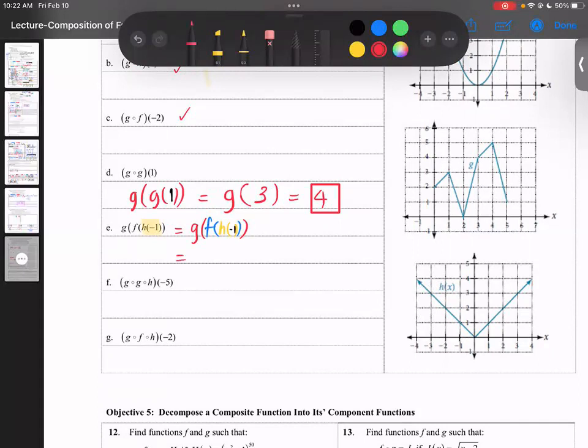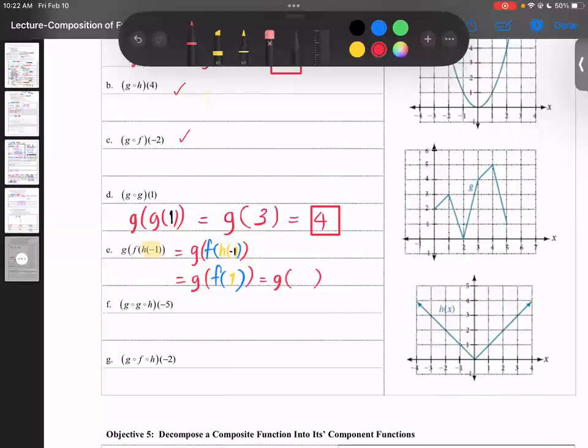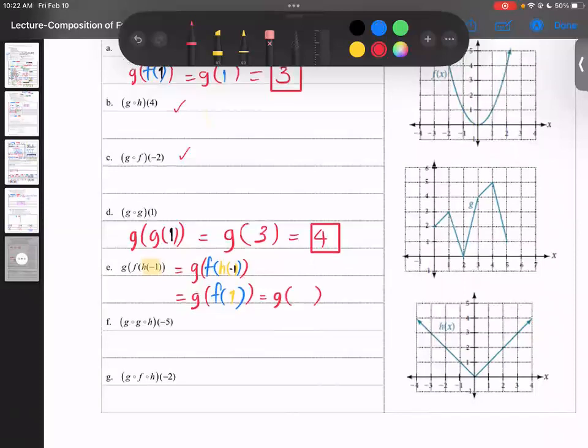So H of negative 1 is 1, and now you plug in 1 for F. What is F of 1? 1. G of 1 is 3. So you get the idea, right? Not too bad. You do it yourself, not too hard.